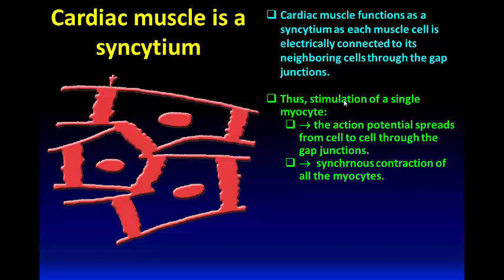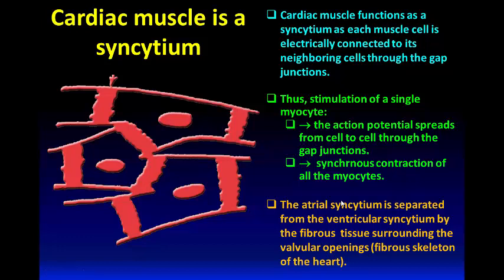This action potential spreads from one cardiac muscle cell to another through the gap junction. Thus, contractions of the cardiac muscle cells occur at the same time because the cells are excited at the same time. So we have synchronous contraction of all the myocytes.